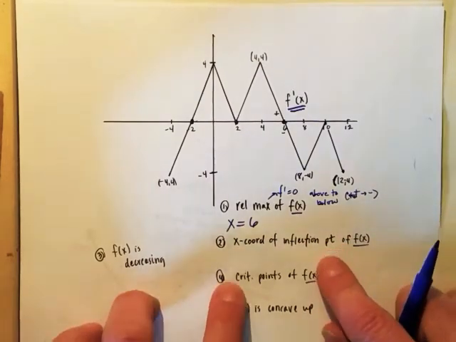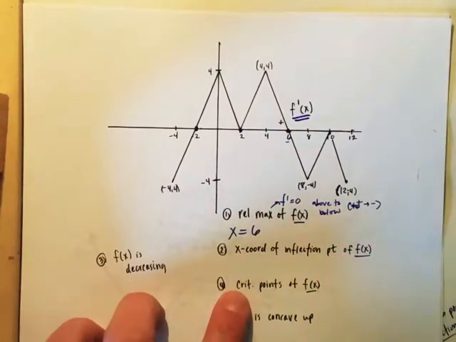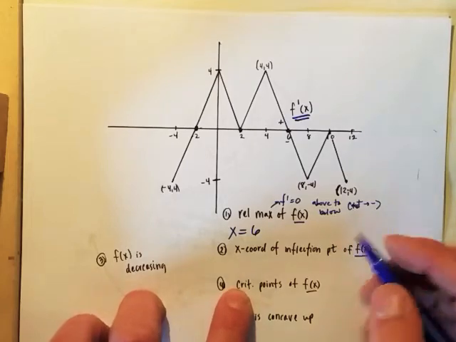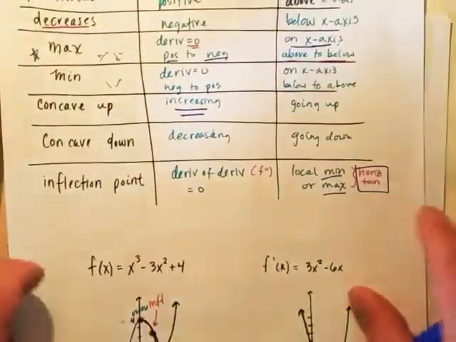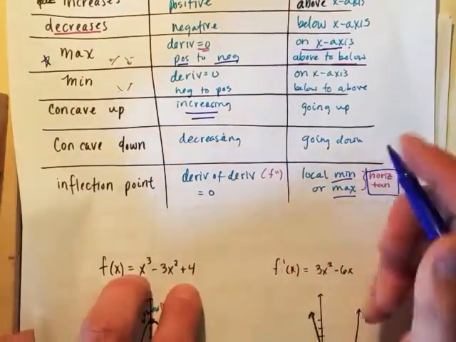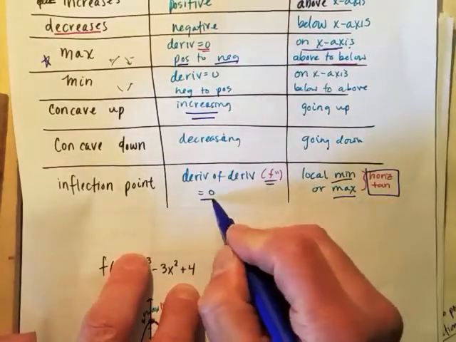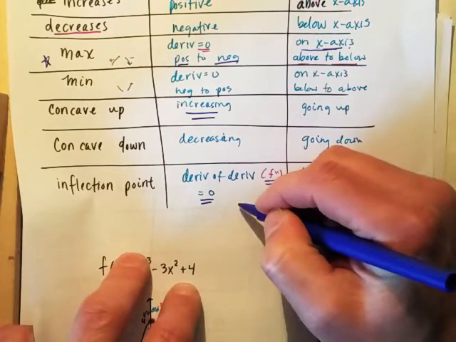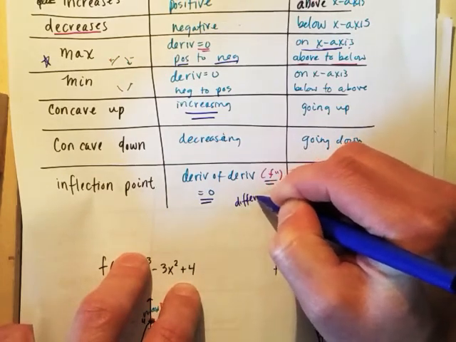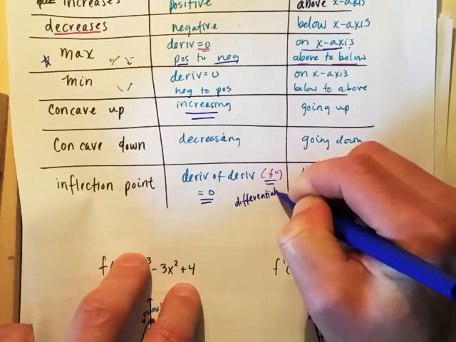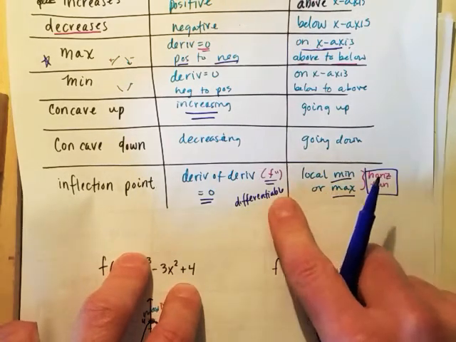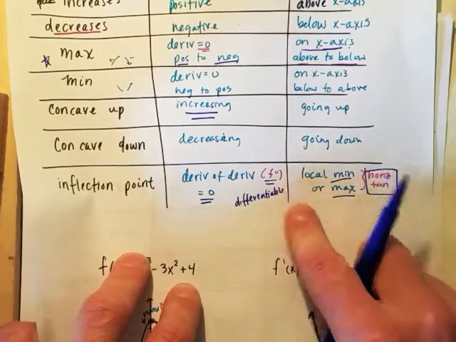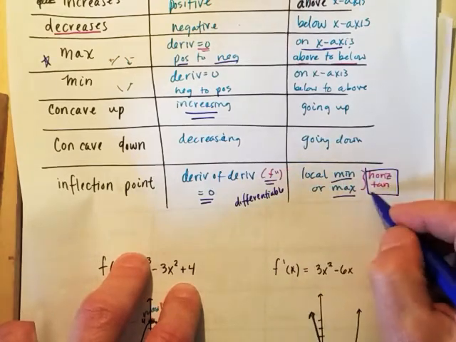Now we're going to find the x-coordinates of any inflection points. For inflection points, there are two things you have to remember. I'm going to add on here: the derivative of the derivative, f double prime, has to be equal to 0, so it has to be differentiable. And it has to be a local min or a max on there. That's where it's going to concave up or concave down and get that horizontal tangent.